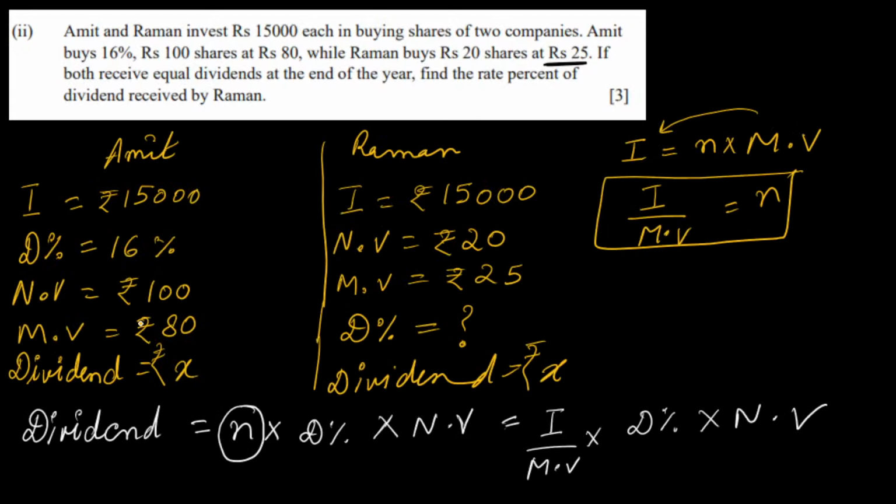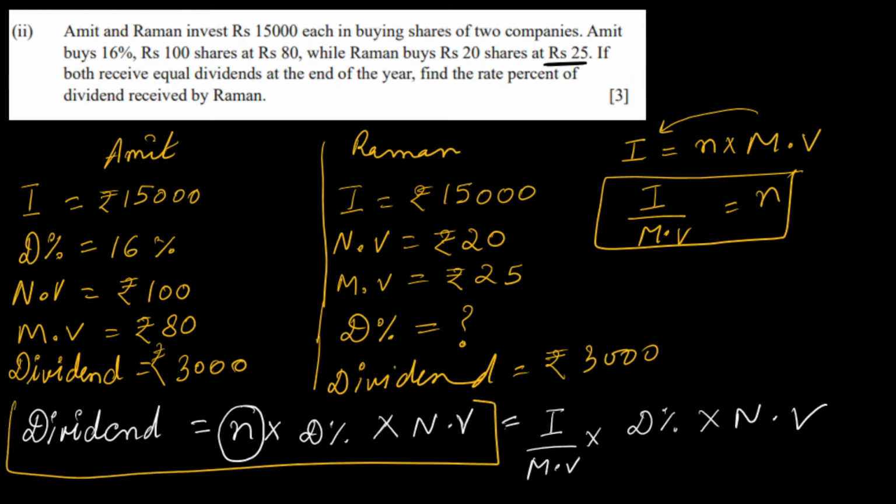So the dividend we got is equal to 3000. This is the dividend earned by Amit, because we could easily find it as we know the dividend percent also. See here it's mentioned the dividend is the same for both of them. If the dividend is the same, here also I can write the value of dividend as 3000. Now again we can use the formula of dividend and find the value of dividend percent.